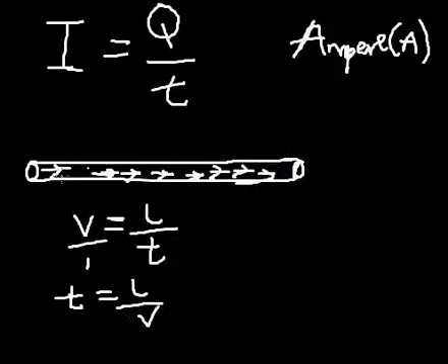Now this wire is carrying electrons. What is moving is electrons. So the charge that is flowing is because of electrons, because electrons are charge carriers.